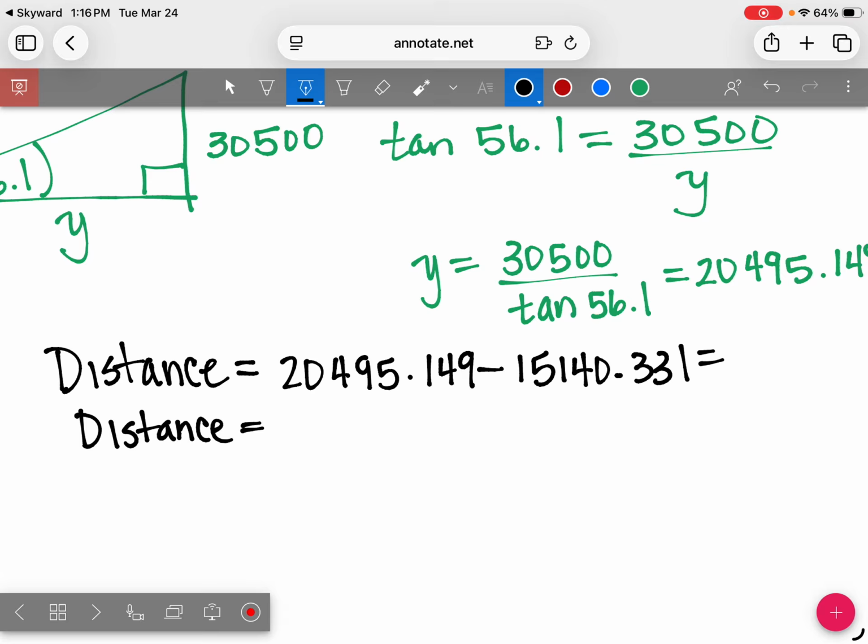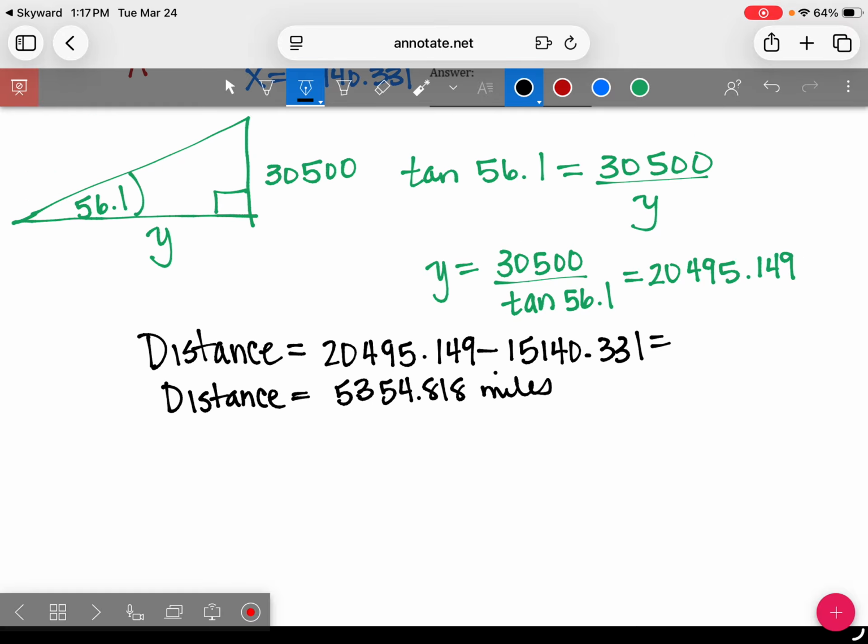All right, so when I subtracted that, I got 5,354.818 miles.